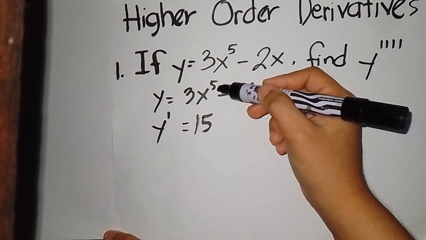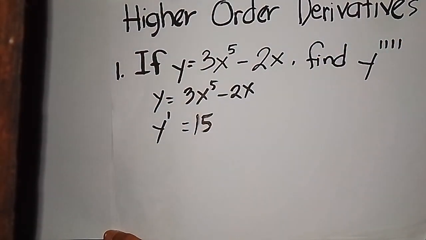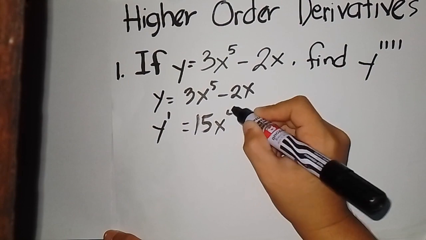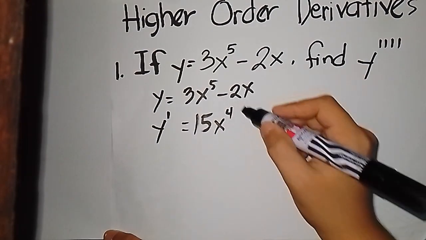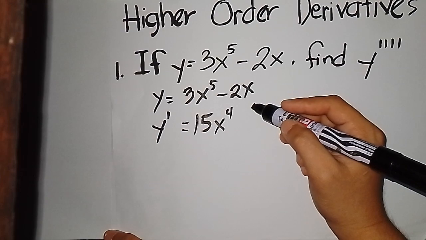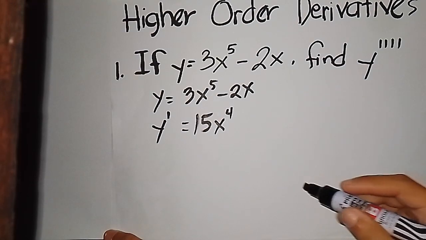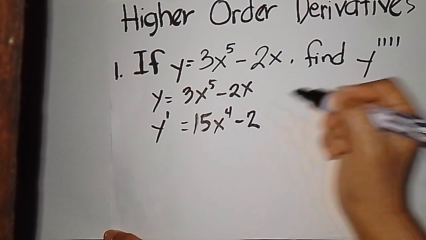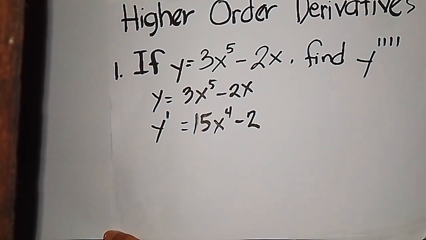Since this is 5, we subtract 1, so 5 minus 1, so we have x to the 4. And then, what's the derivative of negative 2x? So we have negative 2. Okay, so we already have the first derivative.